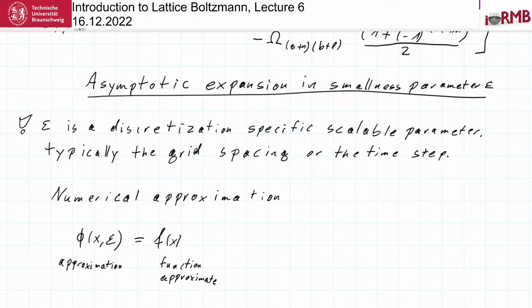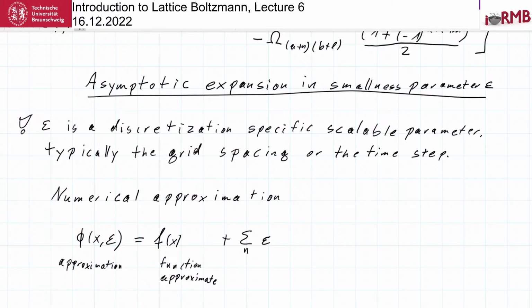So what we have then is the truth plus an error. In principle, you could always write it like this, truth plus error, but here specifically, we make the assumption that we can express the error in terms of a series expansion in epsilon.